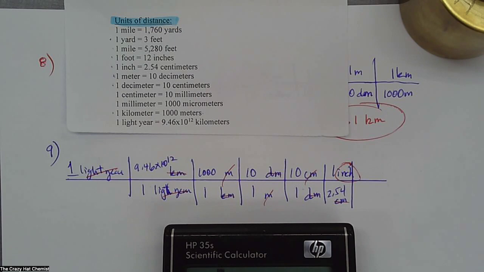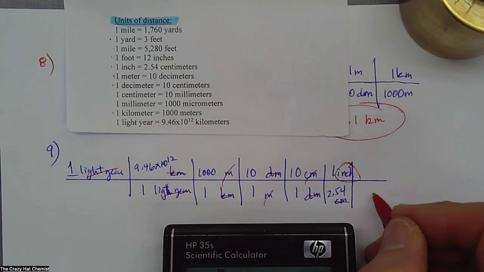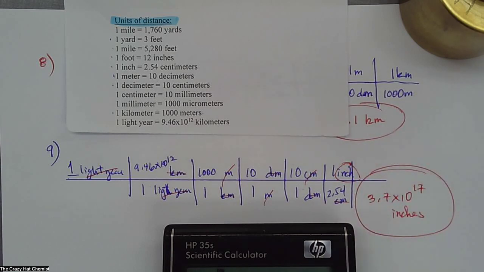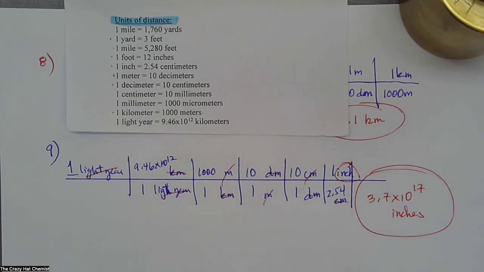And we're going to get a very large number here for number 9, and it is 3.7 times 10 to the 17 inches. That's a lot of inches. That's an immense amount of length distance.